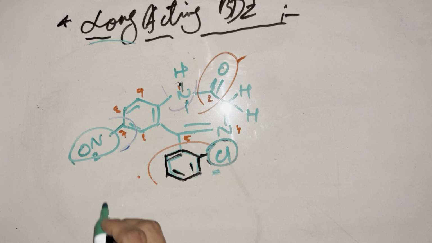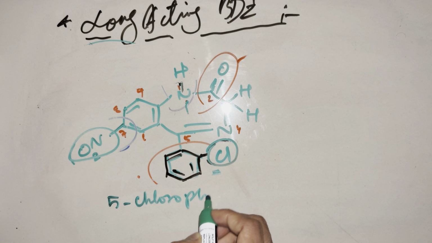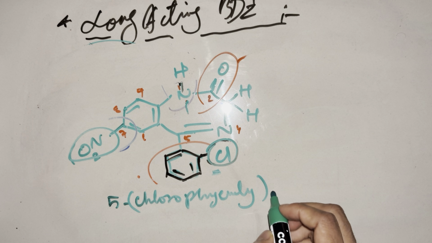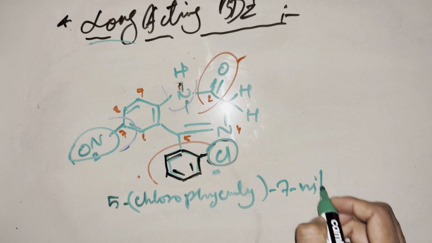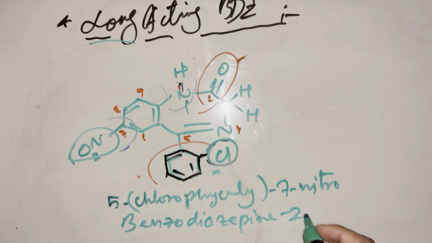So write naming 5-chlorophenyl, 7-nitro. Next everything is the same. Benzodiazepine 2-one. Okay, this is very easy. So here this is the chlorophenyl group.